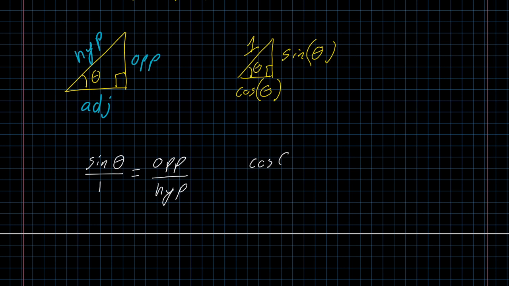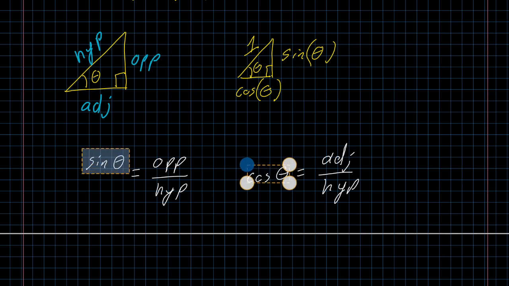And the cosine of theta over 1 is equal to the adjacent leg over the hypotenuse. And of course, dividing by 1 doesn't really do anything, so we can just get rid of that divide by 1 and write these formulas a little bit more cleanly.